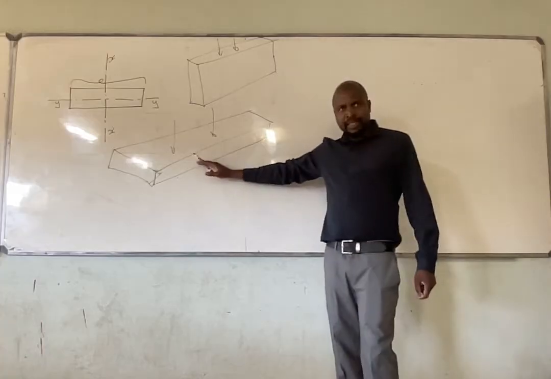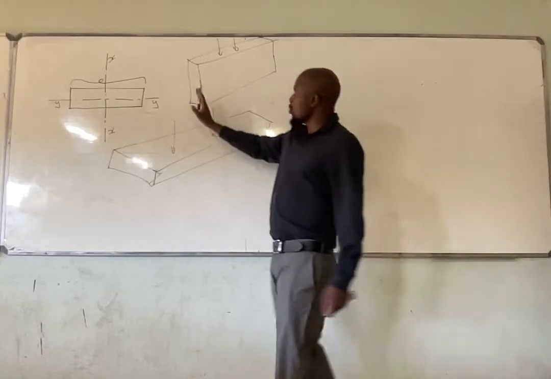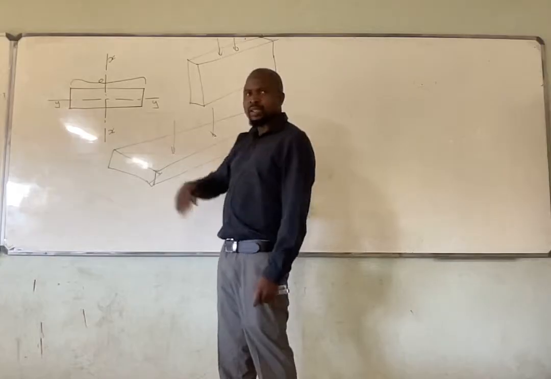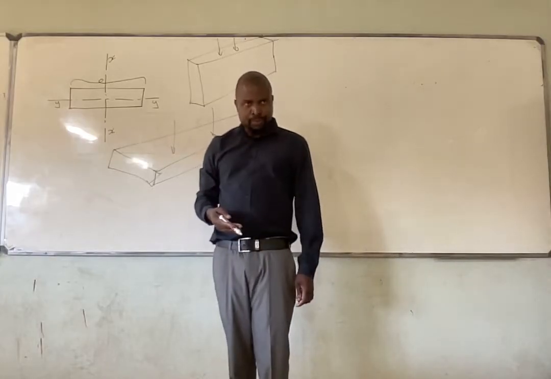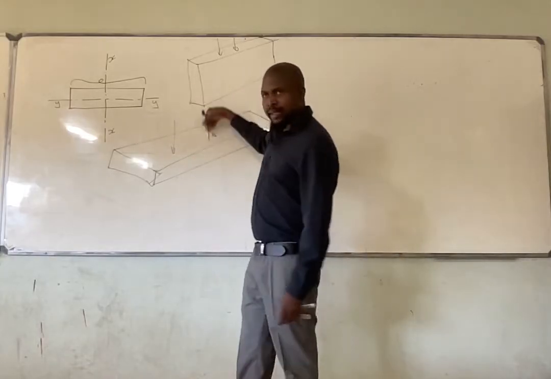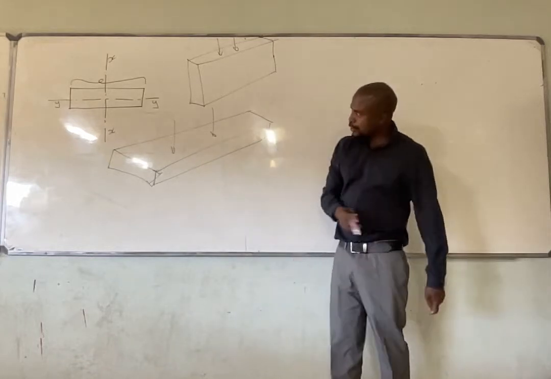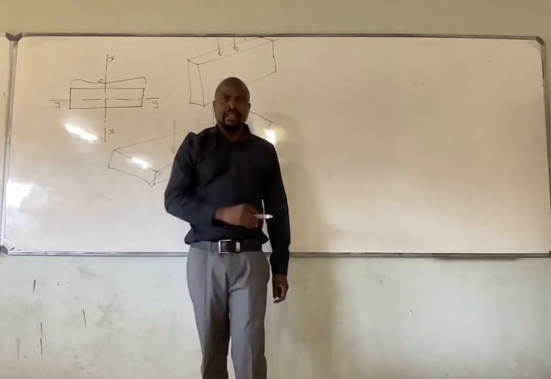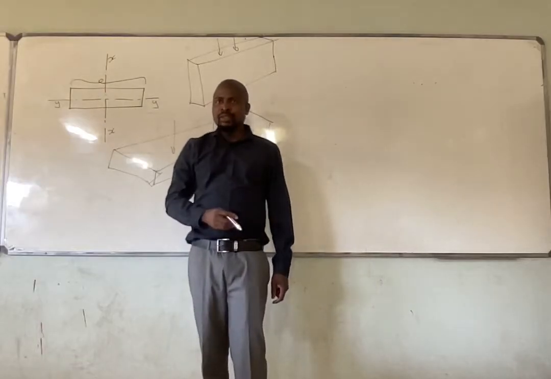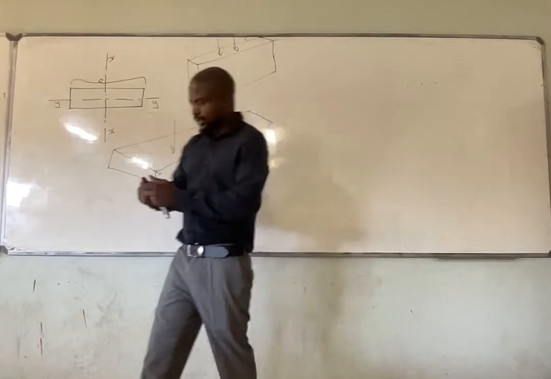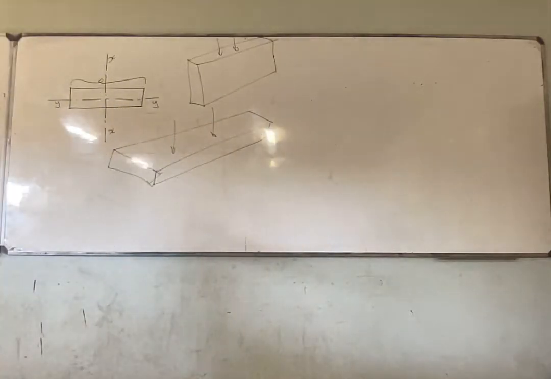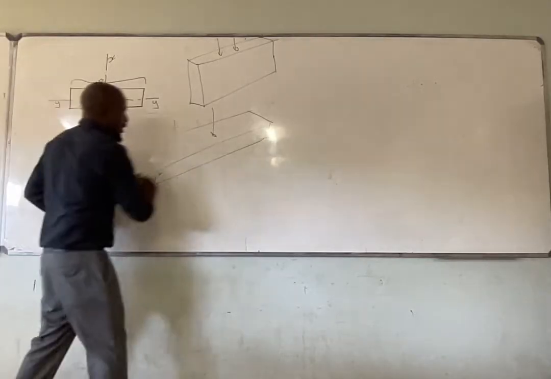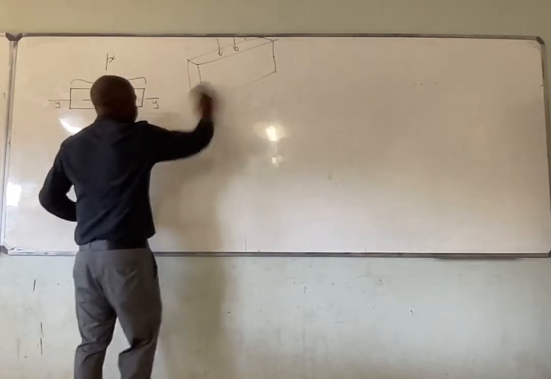The bottom one will be easy to bend, right? So always you must put your beam in such a way that the strongest position is where you are going to apply the load. Therefore, when you find the cross-sectional area of the beam, you need to take the longest side, and that longest side must be placed vertically.